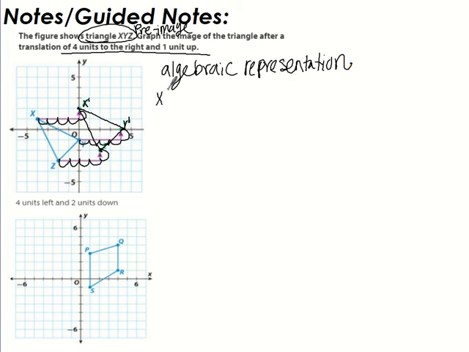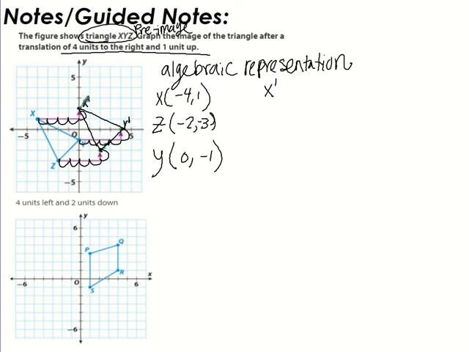So I'm going to write down X. It's at -4, 1. And then I'm going to look at, let's do Z. It's at -2, 1, 2, 3. Oh, -3. And then Y is at 0, -1. So then we're going to do our prime. So X prime is this one right here.